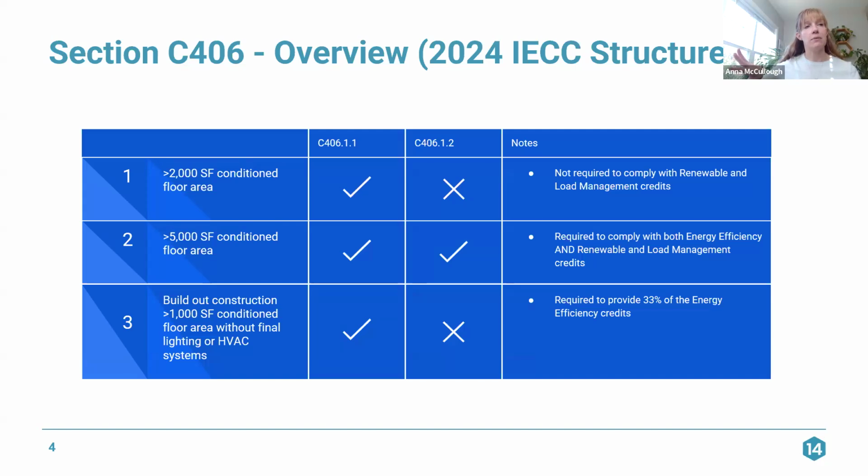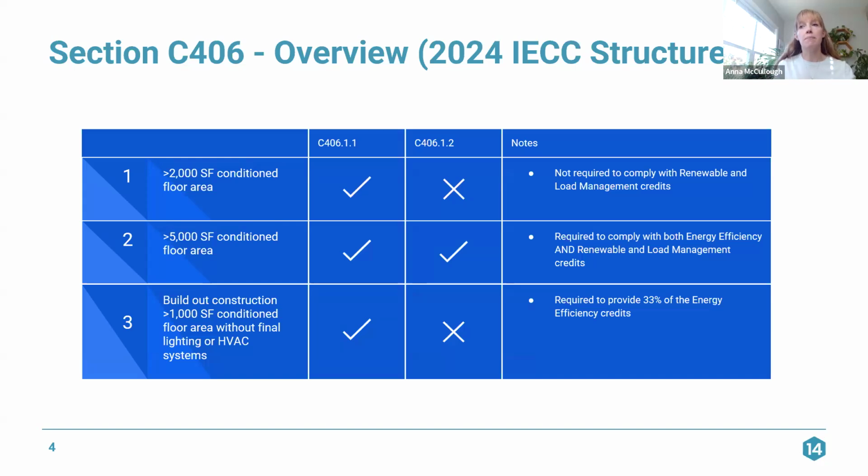You do not have to comply with the renewable and load management credits. If you are greater than 5,000 square feet, you have to comply with both the additional energy efficiency credits and the renewable and load management credits.